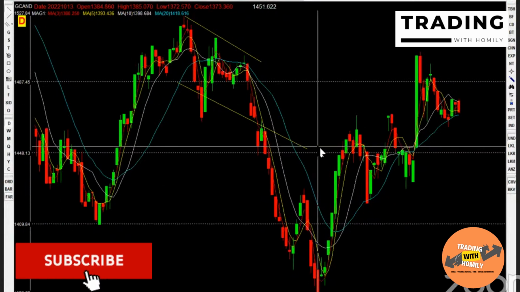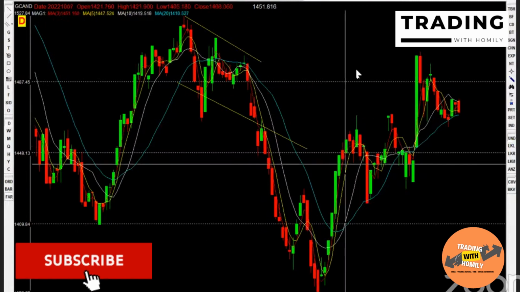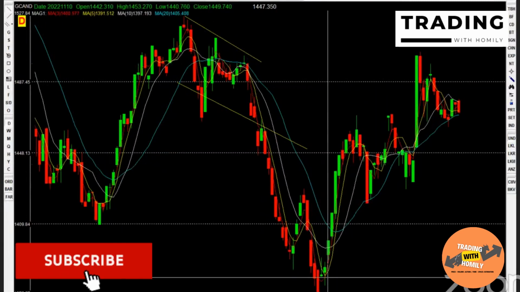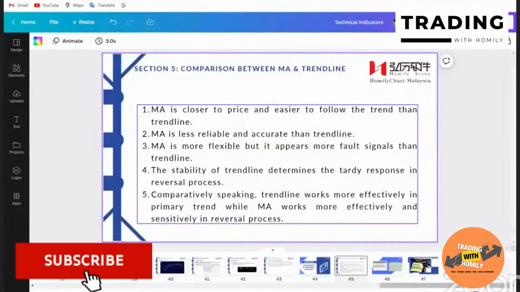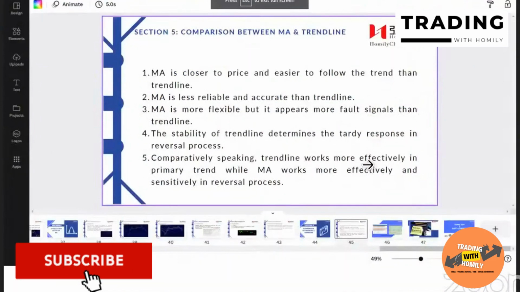So that's why if a trend is supported, the original direction will be more sustainable. So the MA is more susceptible to interference, while the trend line is relatively stable, allowing us to know whether the overall general direction is rising, falling, or sideways. So this is the difference of the MA and trend line.